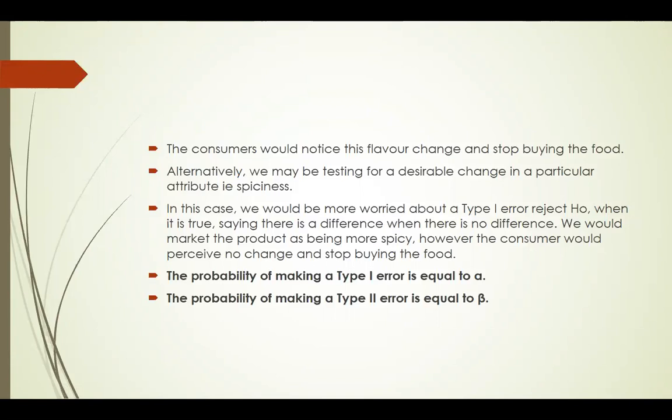In this case, we would be more worried about a type 1 error, rejecting H0 when it is true, saying there is a difference when there is no difference. We would market this product as being more spicy.